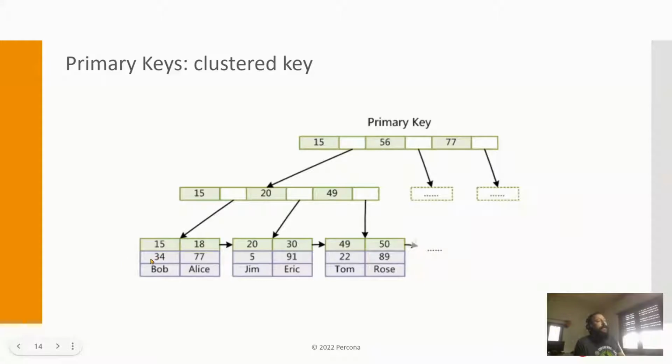So you can see that, for example, employee ID is not in order, right? But if I wanted to scan the range of primary keys, I can say, okay, give me any employee with primary key between 19 and 50, and I can very quickly start here and here, because it's always connected through the bottom nodes.